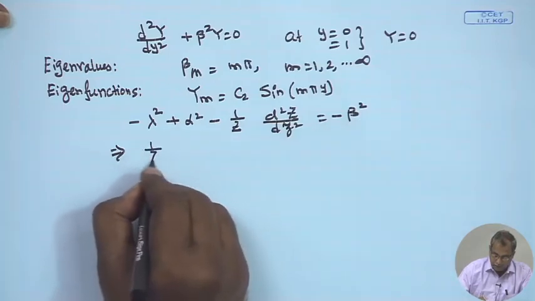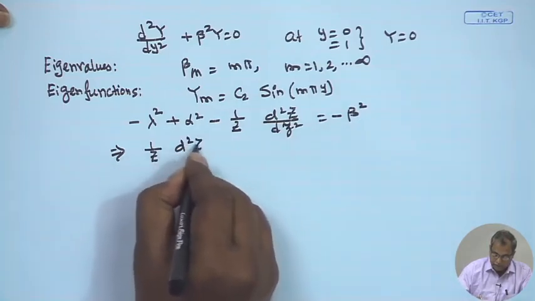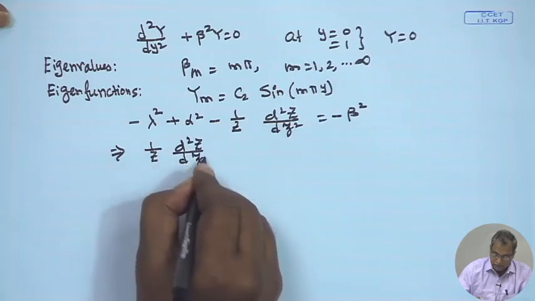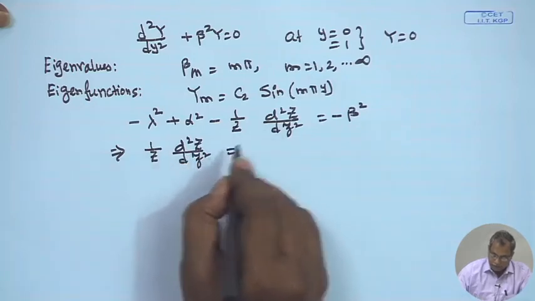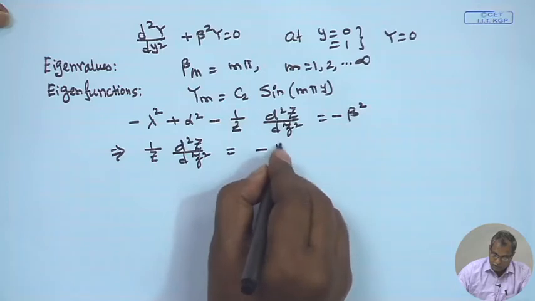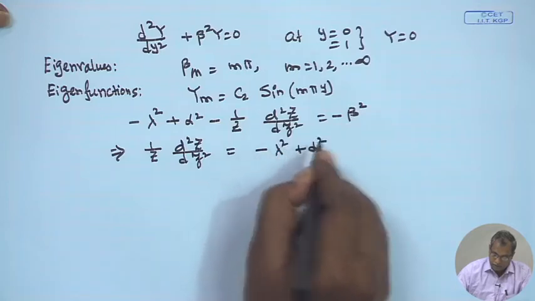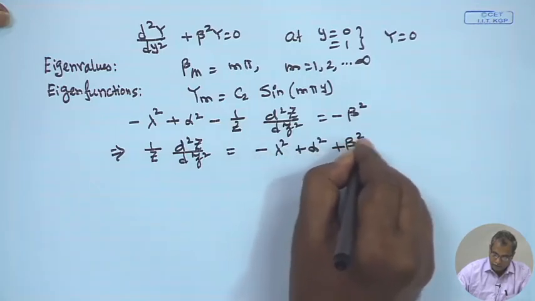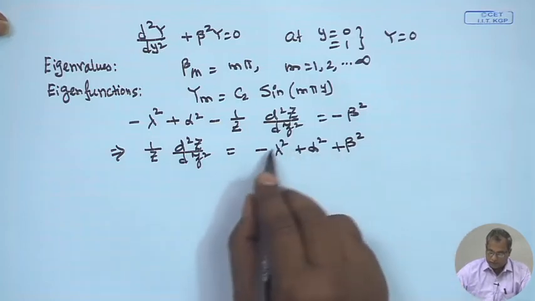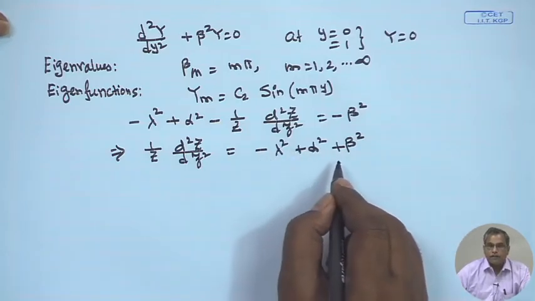So, if you do that, you will be getting 1 by Z d square Z dz square is equal to minus lambda square plus alpha square plus beta square. So, this will be a combination of constants, and again this constant must be a negative constant, otherwise you will be landing up with a trivial solution.